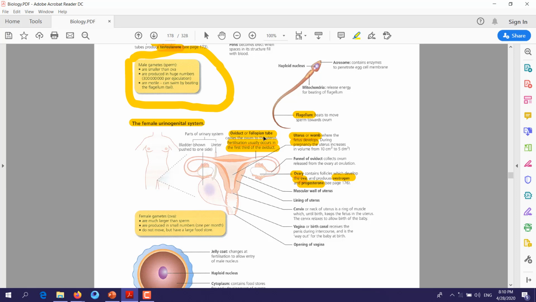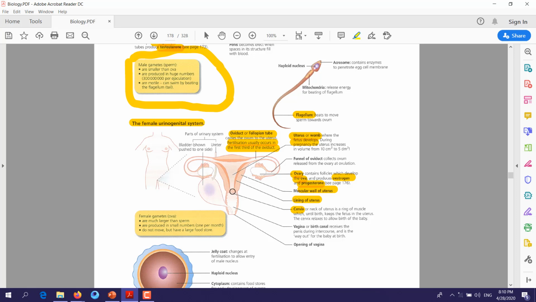Then this reproductive system is followed by some other organs. For example, here is the uterus, and here are the walls or the lining of the uterus, which is made up of muscles. This part we call the cervix, or neck of the uterus. The cervix is a combination of many muscles together.